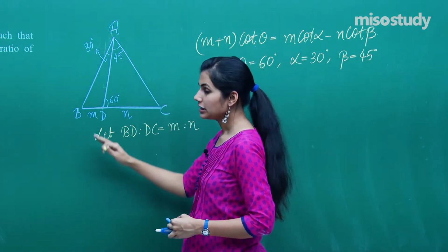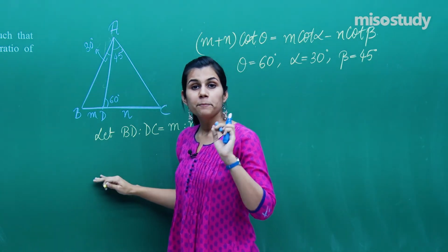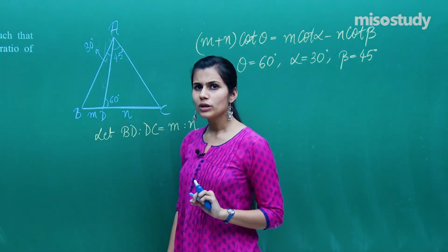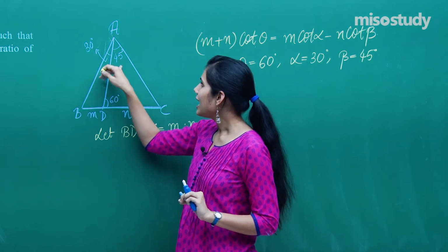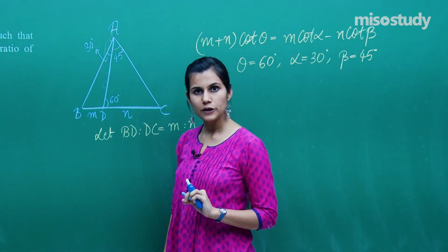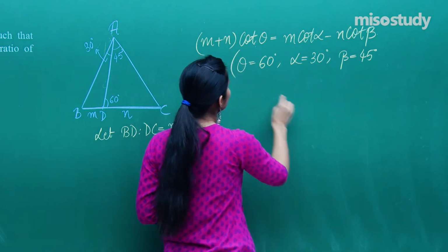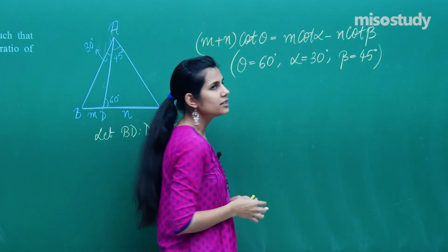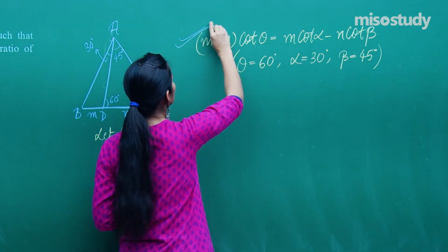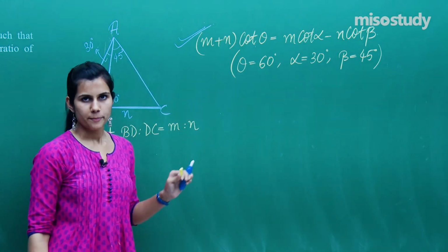Isn't this diagrammatic approach completely tallying with the cotangent rule approach? Theta is given, alpha is given, beta is given. Fine. And therefore, incorporate the values of theta, alpha, beta in the formula of cotangent rule. We are going to get our ratio of M by N.